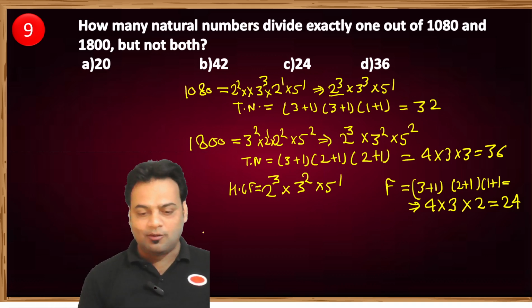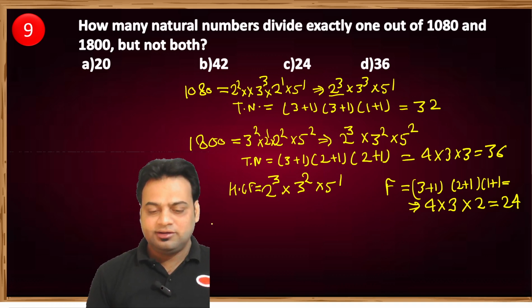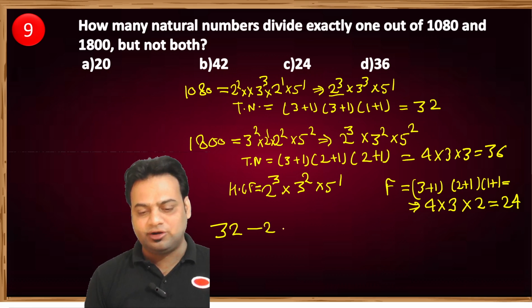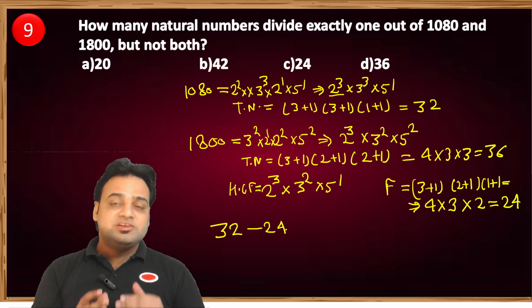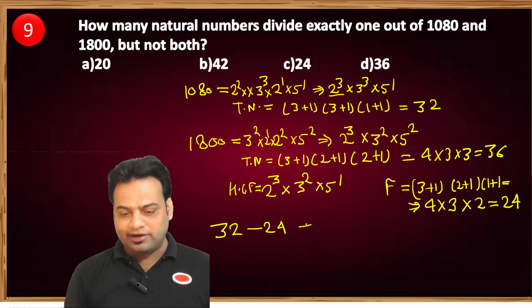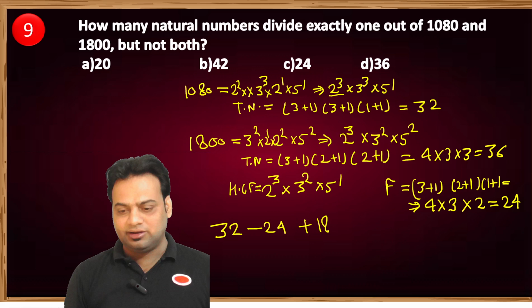If 1080 has 32 factors but 24 are common, you subtract 24, and then you get those factors which divide only 1080. Similarly, 1800 has 36 factors.